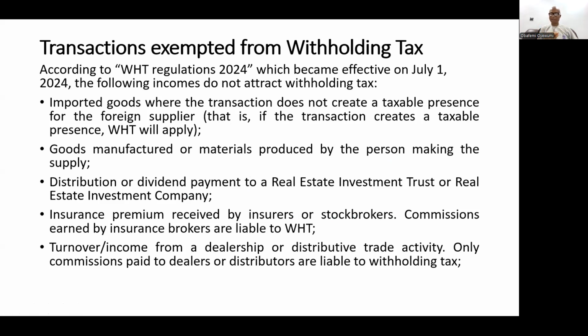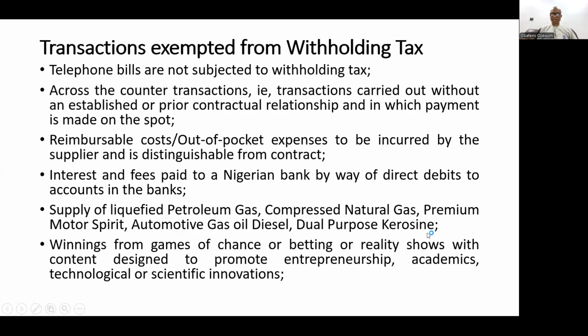Commissions earned are liable to withholding tax. Turnover income from dealership or distributive trade activity: only the commissions paid to the dealers will be subjected to withholding tax. Telephone bills are not subjected to withholding tax.